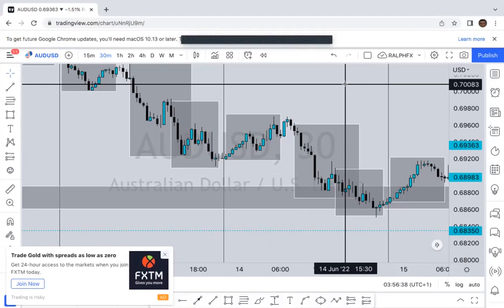So for me, the best session to trade a pair like AUD/USD is the London session and the New York session. It's going to be different for every pair. There are pairs that are most tradable during the Asian session, and pairs that are most tradable during the London session. For any pair that has GBP, the London session is the best and the most volatile.